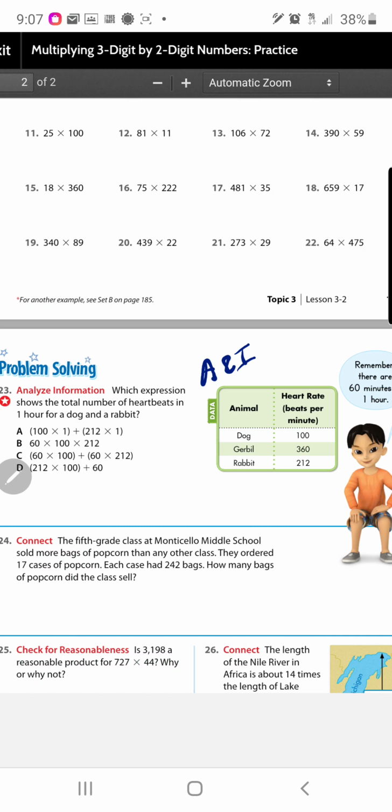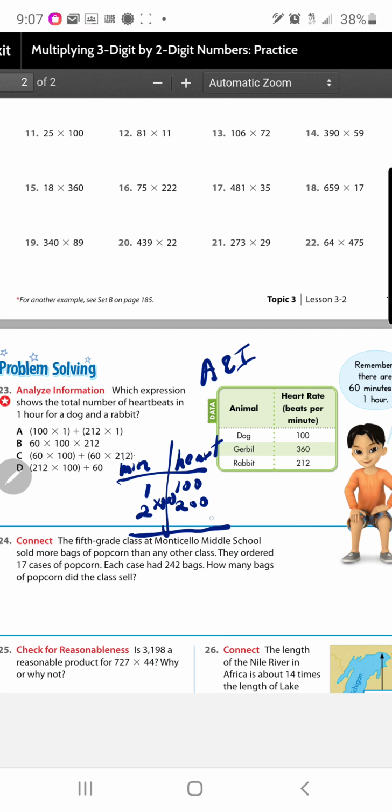So if I were to set up a table to show you that, this would be the minutes, MIN for minutes, and then over here would be the heart rate. In 1 minute, the dog's heart beats 100. Well, in 2, it would be 200, right? Because it's 100 plus 100, or you could multiply 2 times 100.